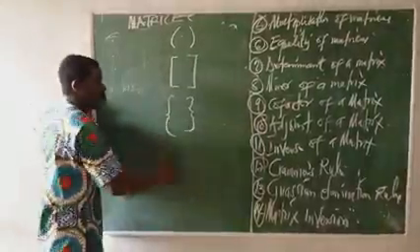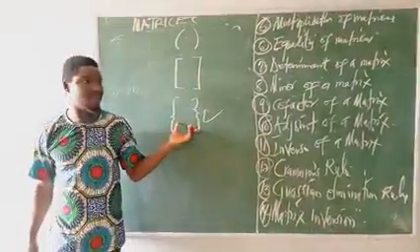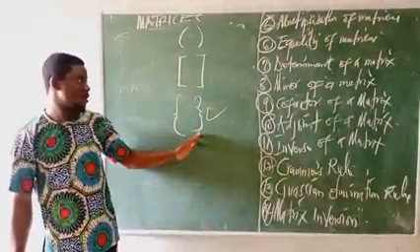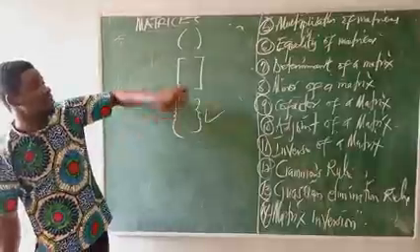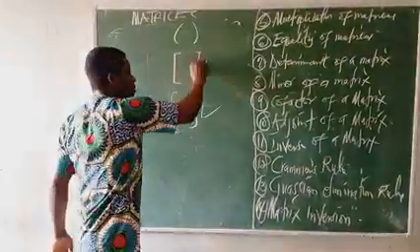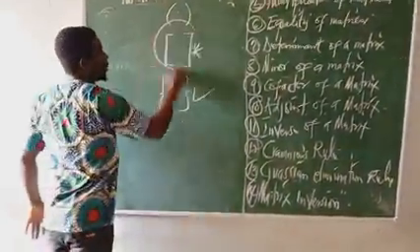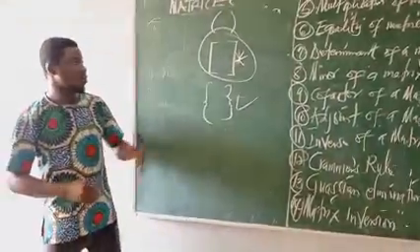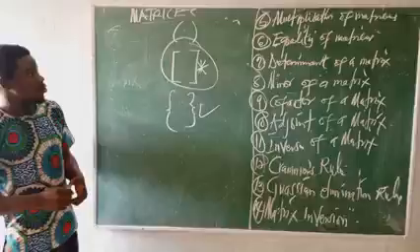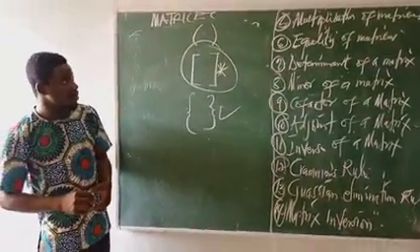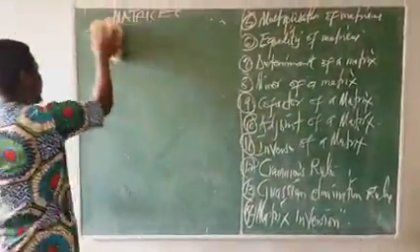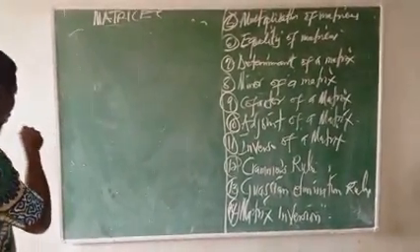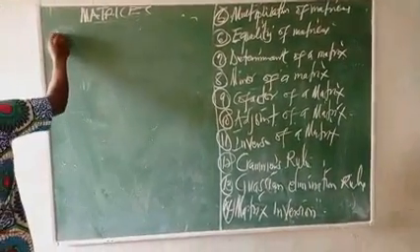This one is used when you are discussing set theory or probability, and this one is your normal bracket that we all know. But in matrices, this particular bracket is what we normally make use of. So we'll start by looking at the order of a matrix.